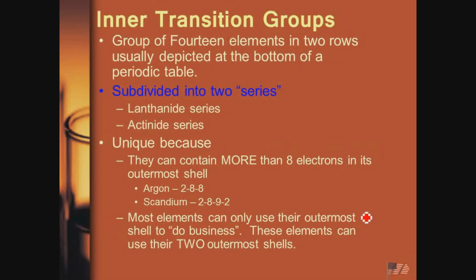The interesting thing about the intertransition metals is they are also called the rare earth metals, and those are the ones that have a very limited availability. Interestingly enough, they're the ones that are used in a lot of electronics, especially things like mobile phones, and there's only limited places that they're available.